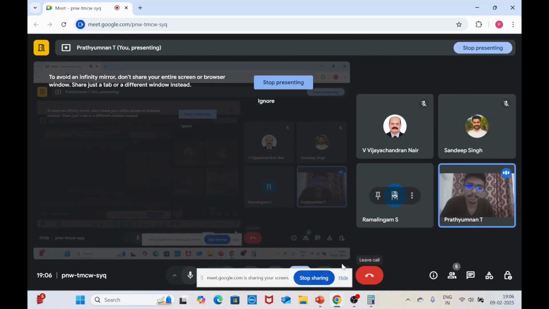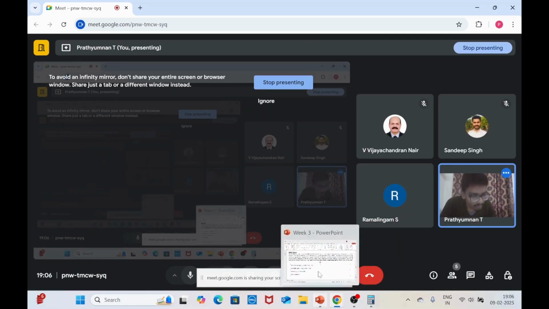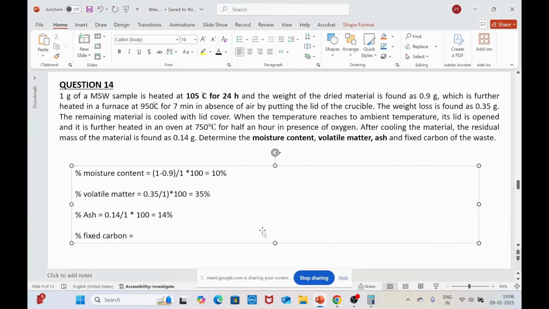Now I'm asking for the percentage of fixed carbon calculation. So when you burn a municipal waste or biomass, these are the four quantities: your fixed carbon, ash, volatile matter, and moisture content.